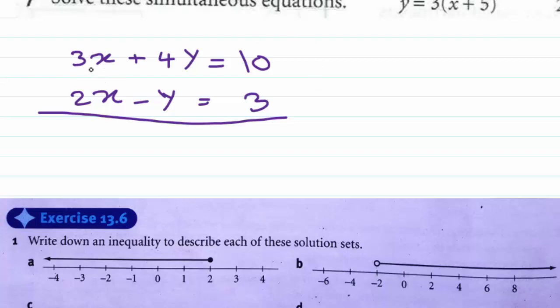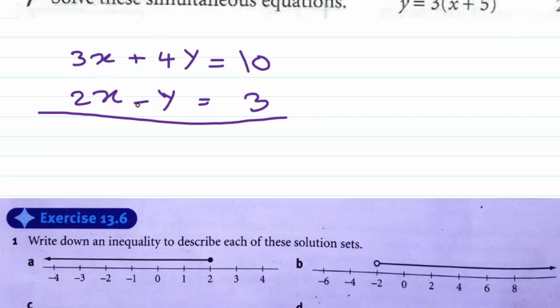If we have the same variable with the same sign repeated, we subtract the equations. If we have the same variable with different sign, we add the equations. If we don't have both, okay, here we don't have the same variable repeated. We are going to make the same variables.